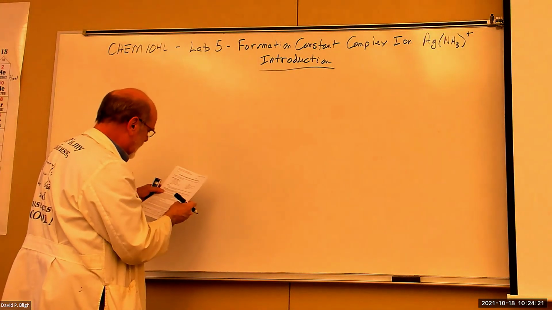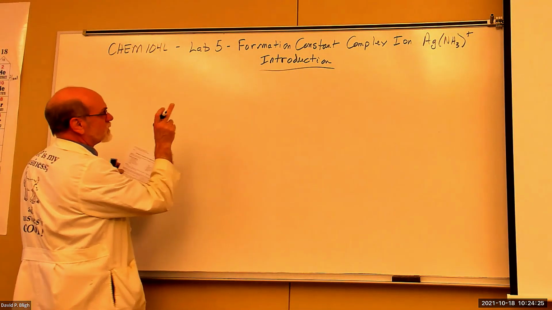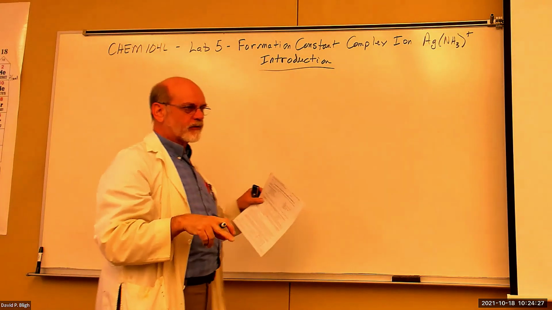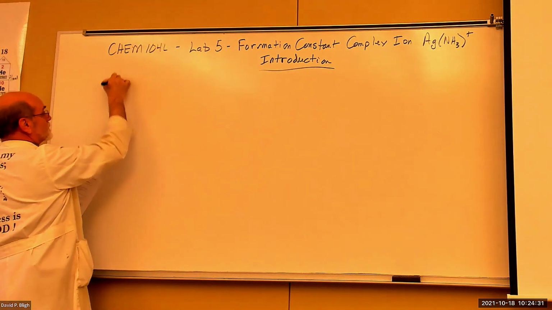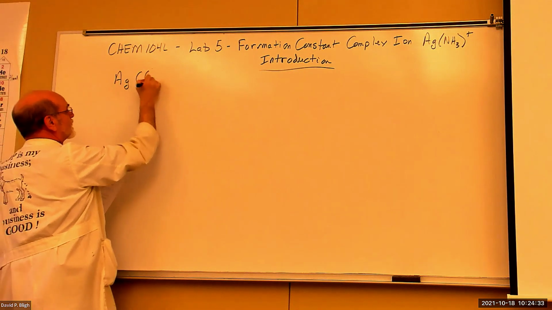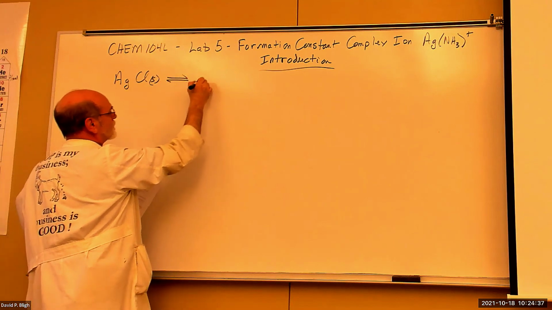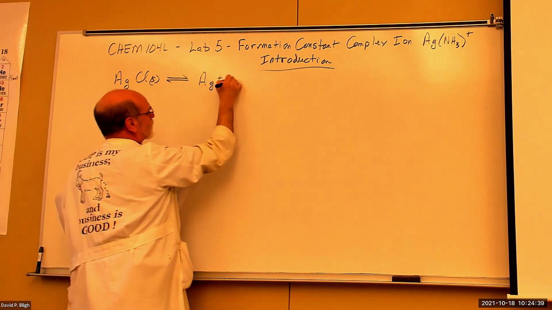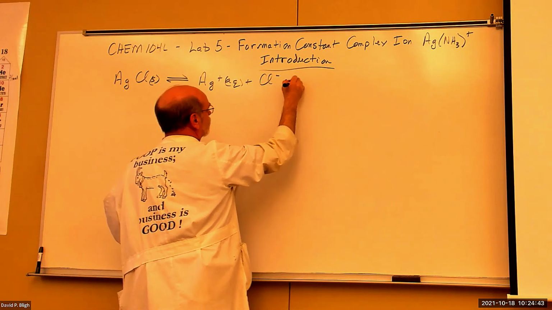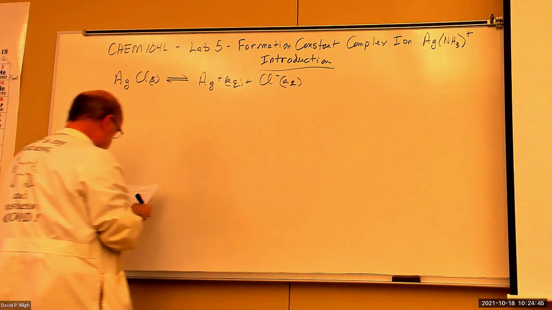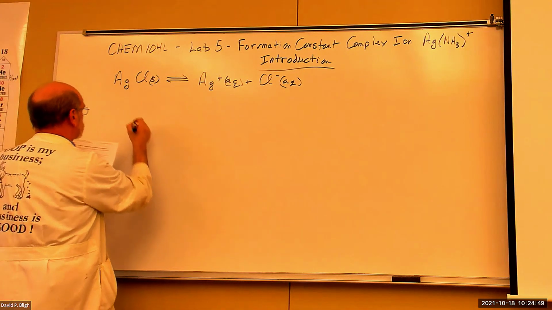So the reaction is the same as before. We noted that we have what I call coupled reactions. What we're trying to do is get this compound in solution, and we're going to couple that with this reaction.